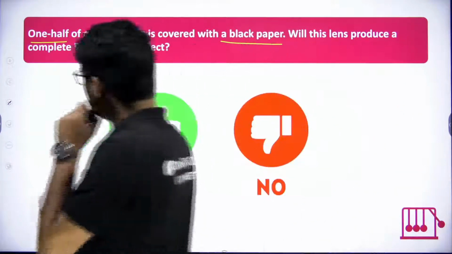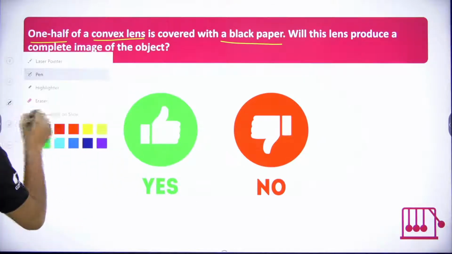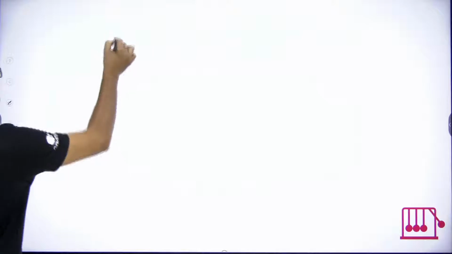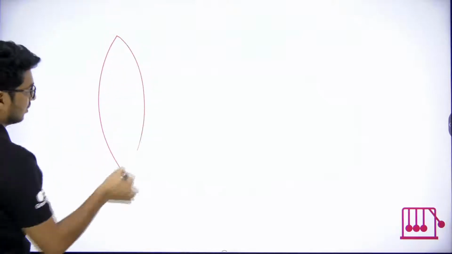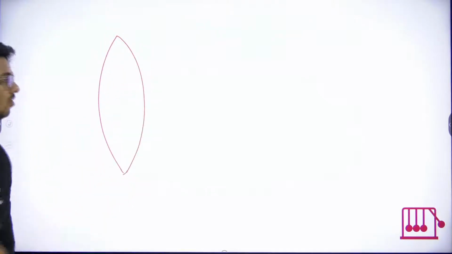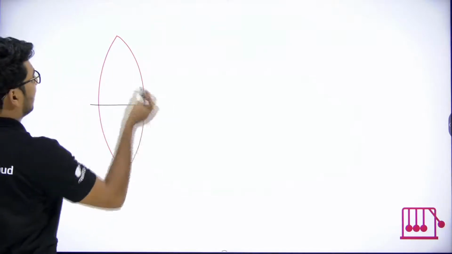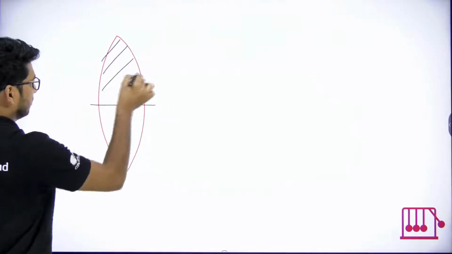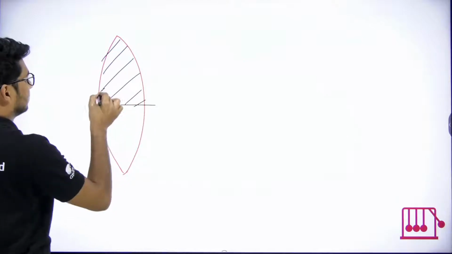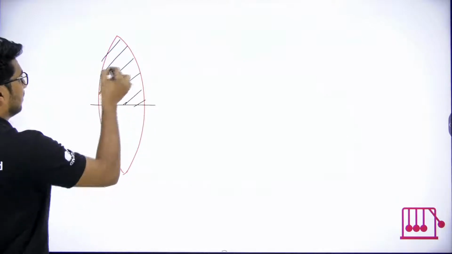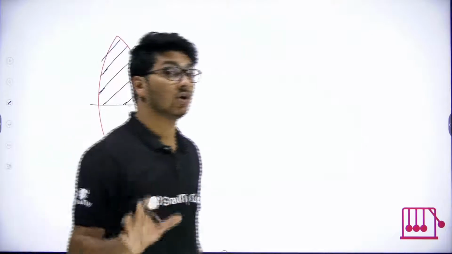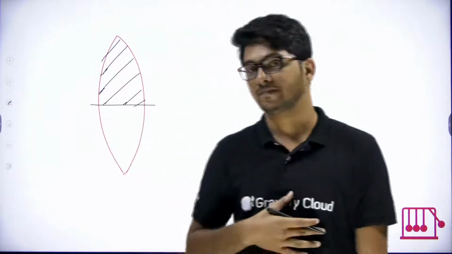Yes or no? Now let me explain something. Let me further explain the question. So this is the lens. We are taking a convex lens, right? What we are doing is covering half of it with a black paper. Black paper will not allow light to pass through it.